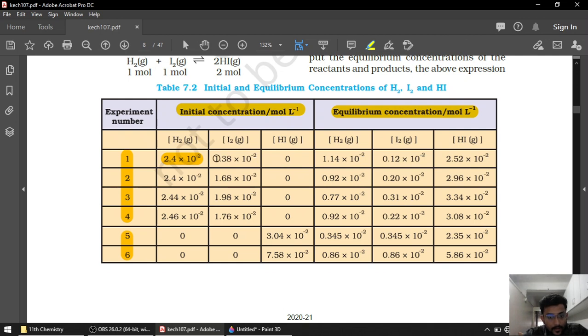Likewise, look at the I2: 0.0138 minus 0.0012. Again the same answer.